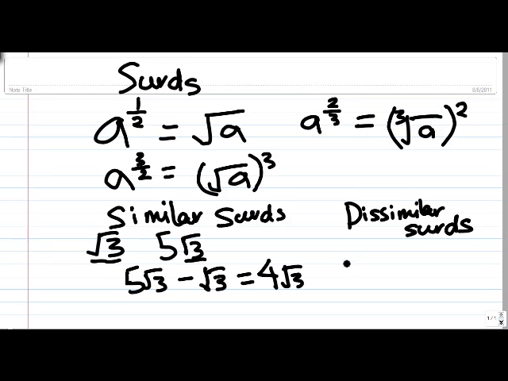Square root 5 and square root 7 are both dissimilar, so you can't simplify root 5 minus root 7. But if the surds are similar, you can actually simplify it.